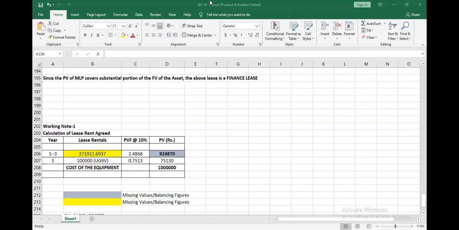You need to prepare this in this manner in the exam. This is a frequently asked exam question.